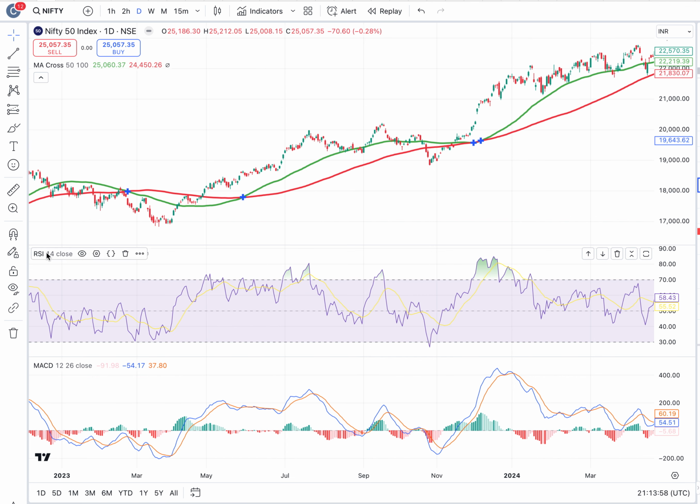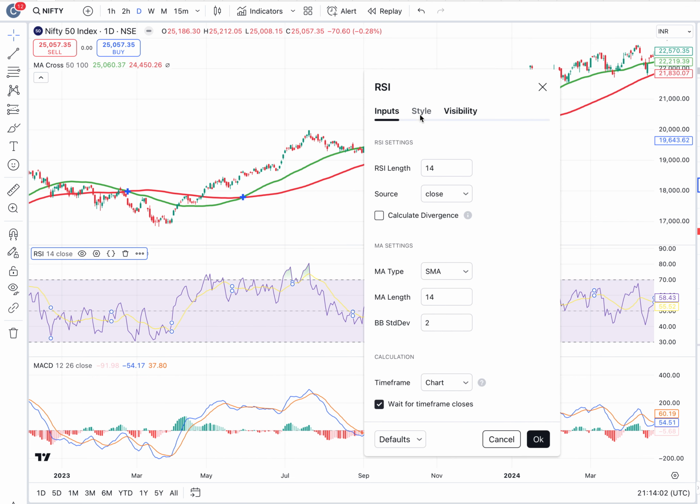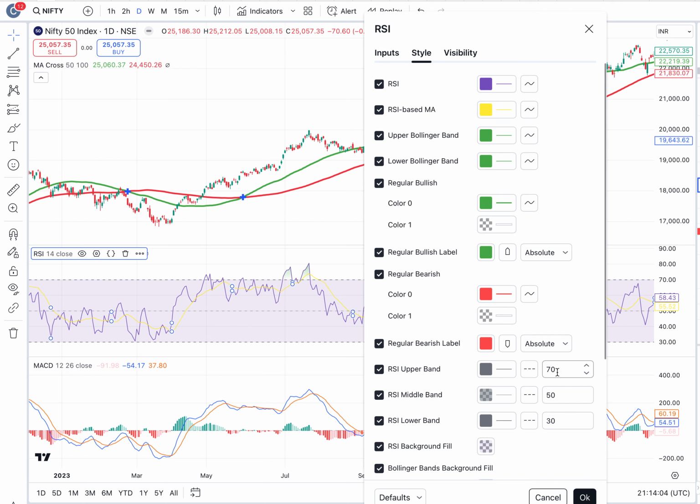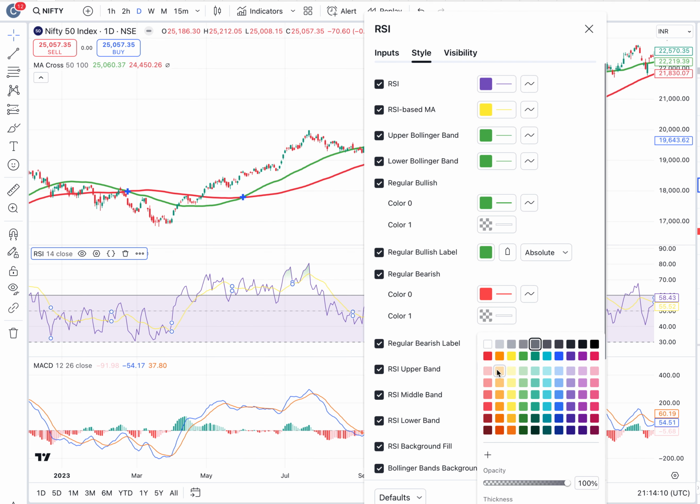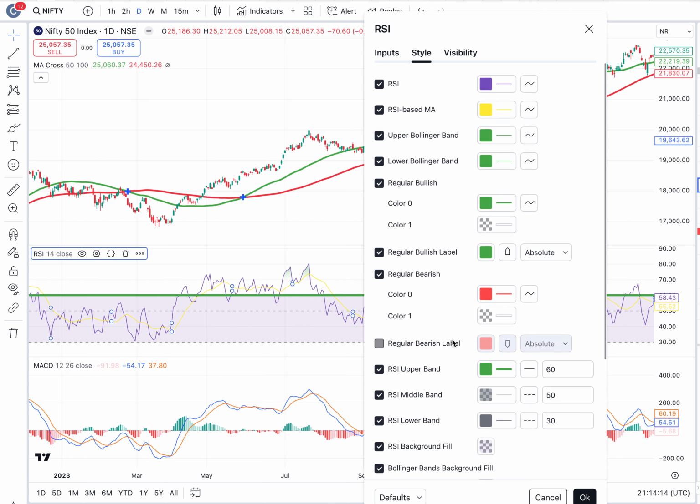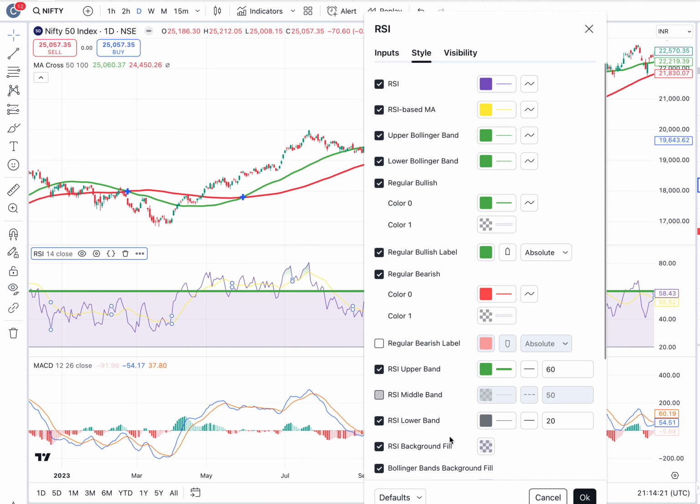So let's modify this, not to the 70s part, but let's move it in the input style to somewhere around 60 here. And then let's make this into a line, and the color changes to green, the bigger one. Let's see how you will clearly see the changes. And let's make it 20 here, and let's not keep the middle part.